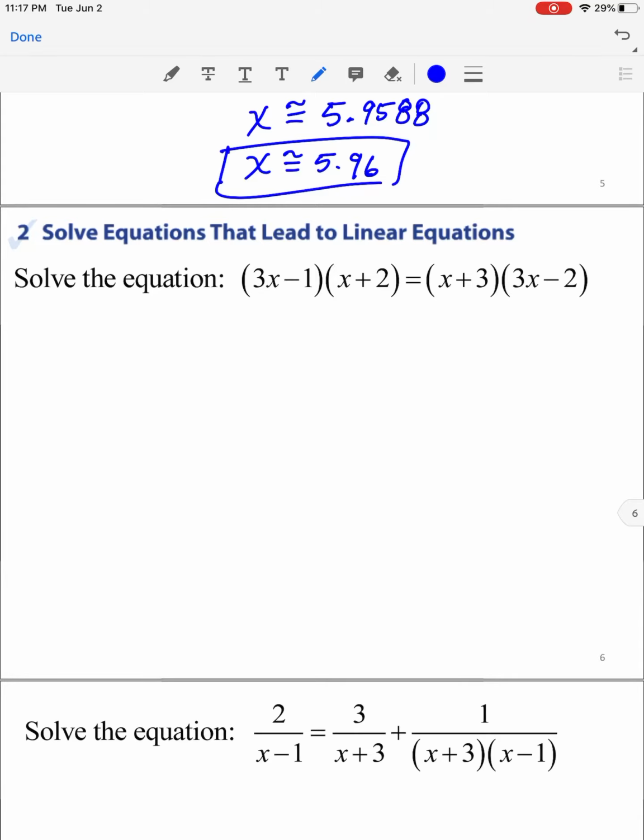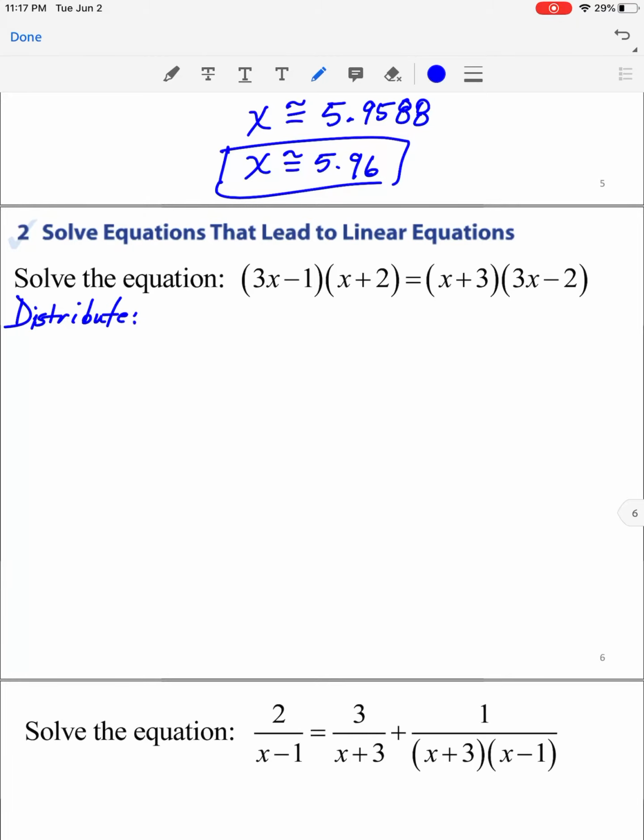Solve problems that lead to linear equations. Now, when you're solving problems that lead to linear equations, it doesn't necessarily start out as a linear equation. So the first thing we're going to do is make this thing appear as a linear equation. I'm going to go ahead and start by distributing on each side of that equal sign because we have some distributions that can take place.